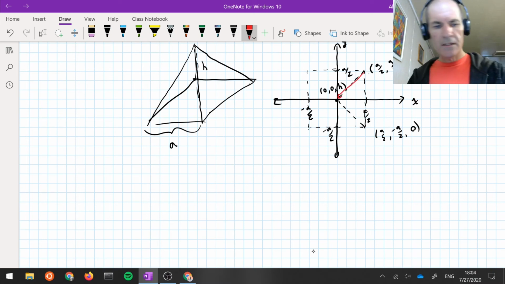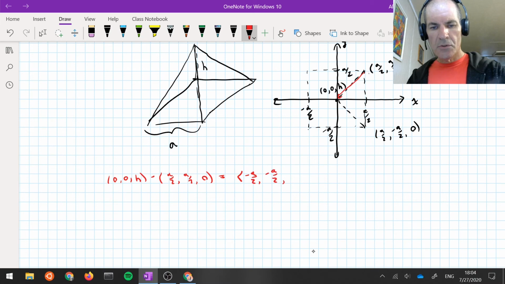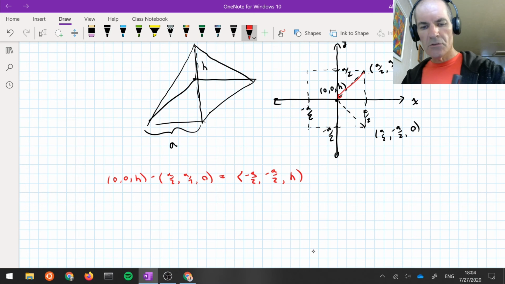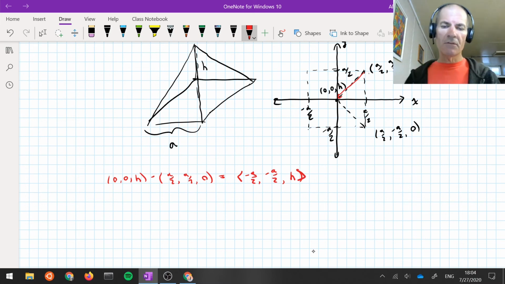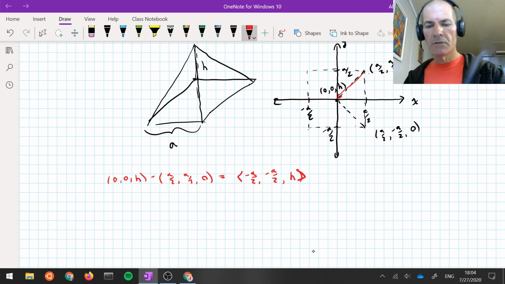This displacement vector is going to be 0, 0, h minus a over 2, 0, which turns into the displacement vector negative a over 2, and h. And I'm going to clean this thing up because remember, we only care about the direction of this vector, not the magnitude. I'm going to multiply through by negative 2 over a, which yields 1, 1, and negative 2h over a, like that.